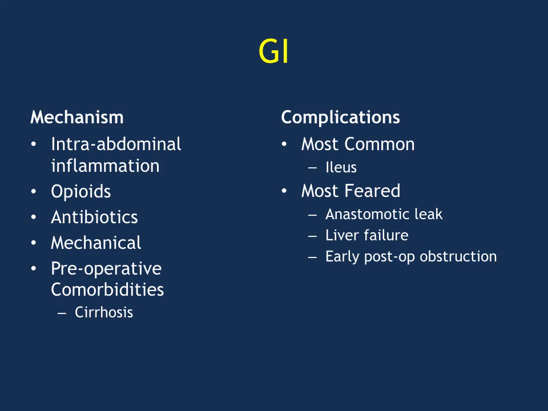And then another is an early post-op bowel obstruction, which can be a significant problem if it's related to a mechanical problem. And by mechanical, I mean that somehow there's a kink in the bowel or internal hernias of sorts that can really cause major problems in the post-op period.